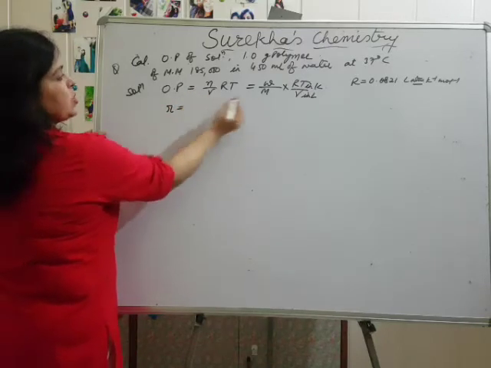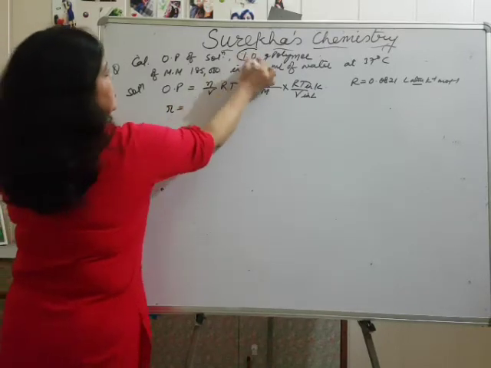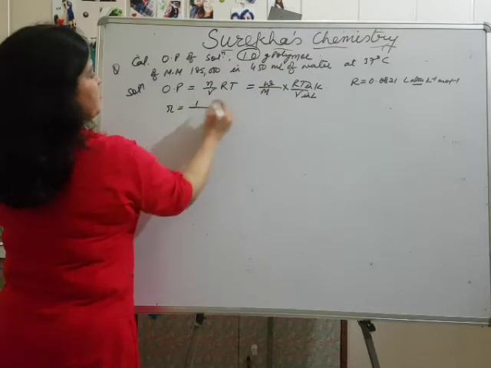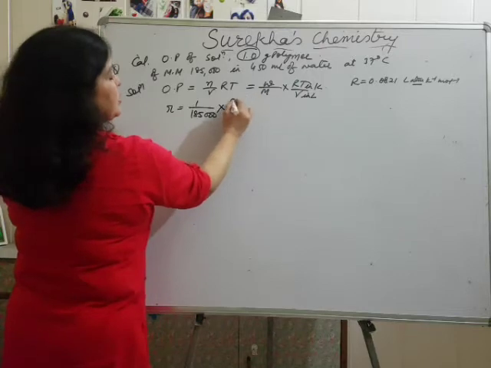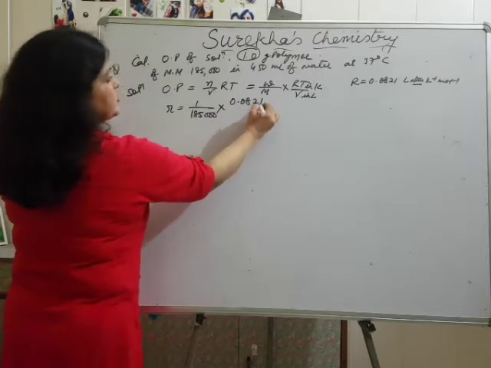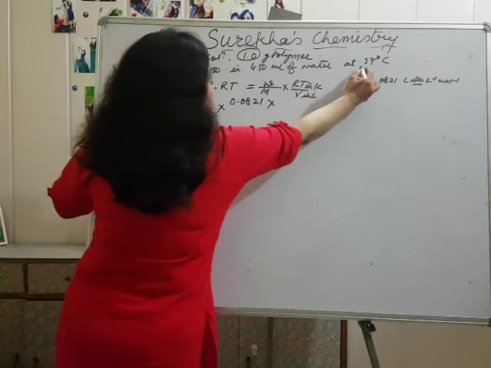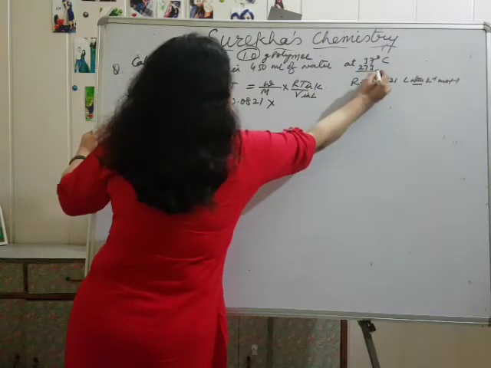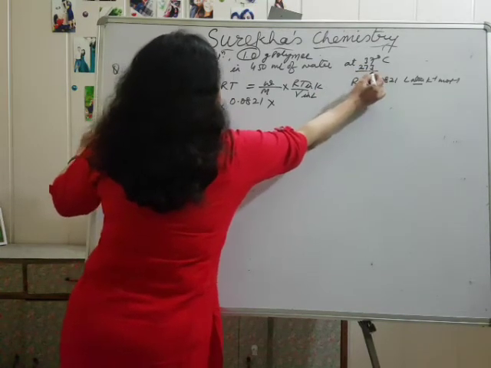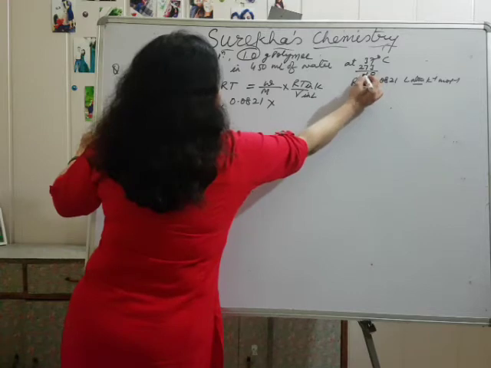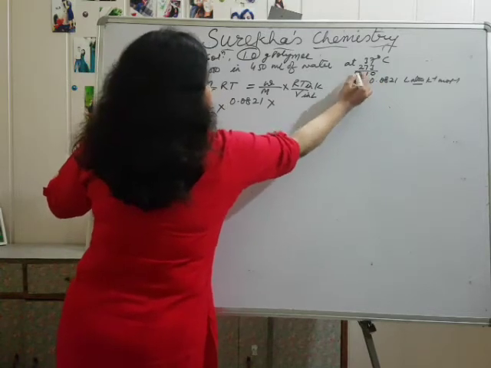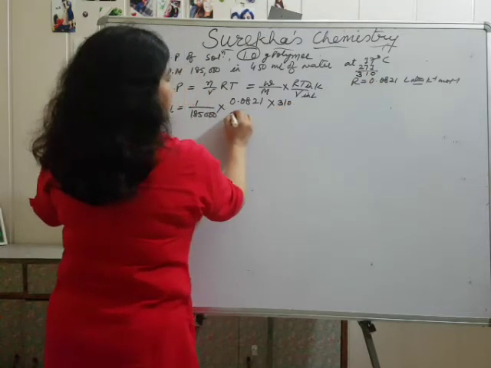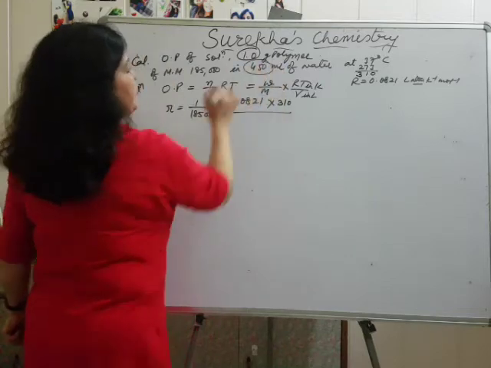So pi is equal to W1, molar mass 185,000, R, T. 37 में 273 ऐड कर दो, केल्विन में कन्वर्ट हो जाएगा, तो इट विल बिकम 310. Volume is 450 ml.